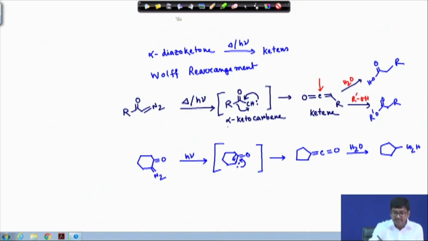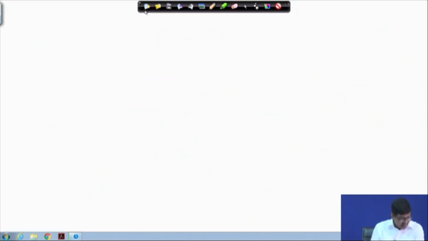Similarly, if we take this fused ring as the substrate, this alpha diazoketone, under again photolysis, and here methanol is there as a nucleophile.